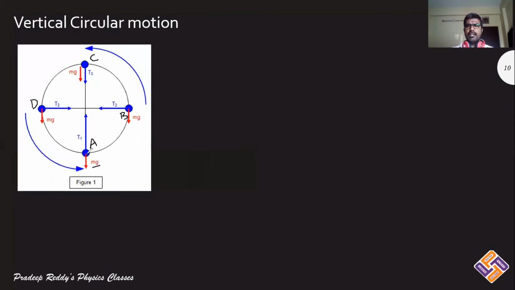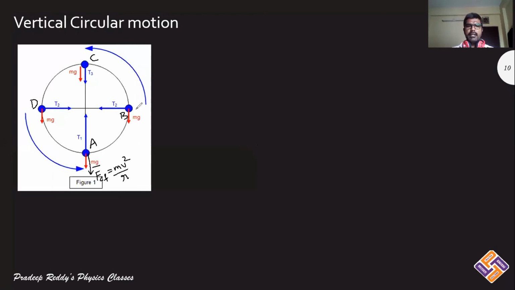Tension is in the upward direction. Centrifugal force will be in the downward direction. That can be written as mv square divided by r.